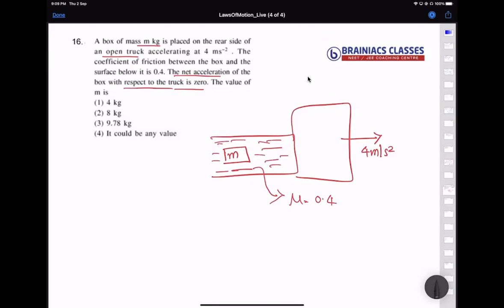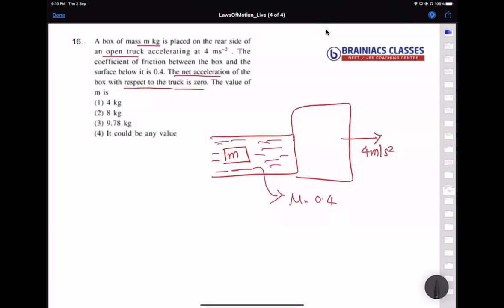What is the meaning of this? The block with respect to the truck: the block of mass m is on the back side of the open truck, with friction 0.4. The net acceleration of the box is 0 with respect to the truck.